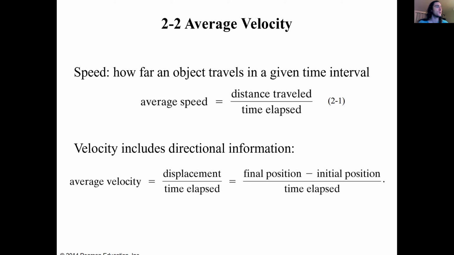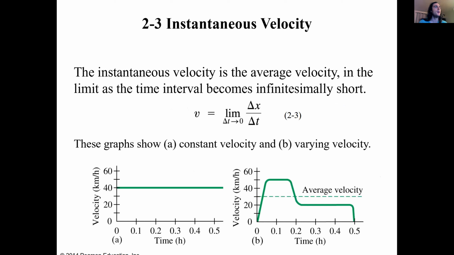Again, this idea of vectors is really important. So average velocity is simply the displacement divided by the time elapsed, okay? We can write that out a little bit more. We can say that's the final position minus the initial position, which is consequently what the displacement is. And then we divide that subtraction by the time elapsed, and that gives us the average velocity, okay?